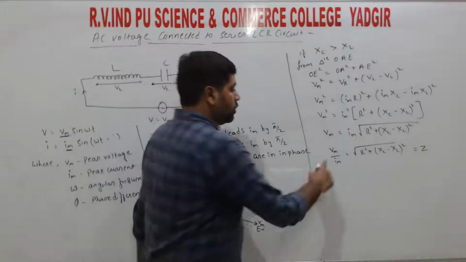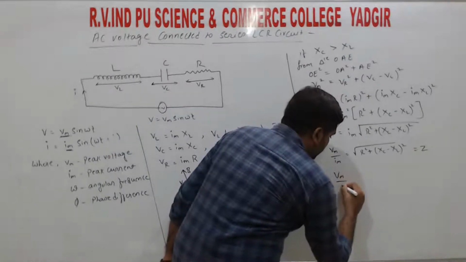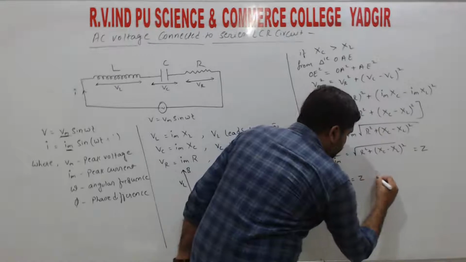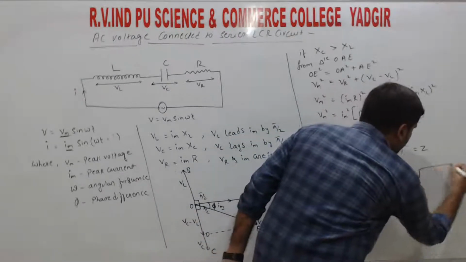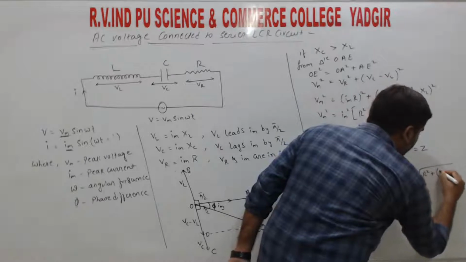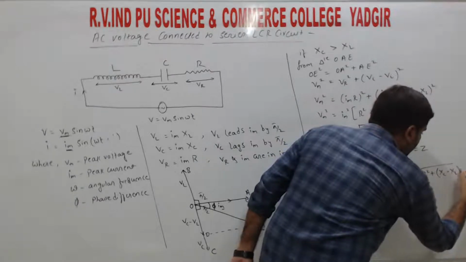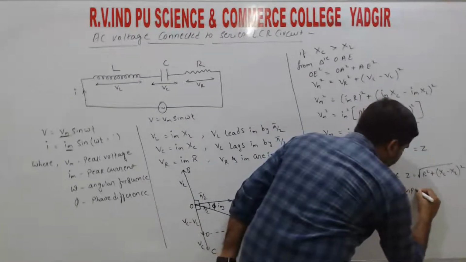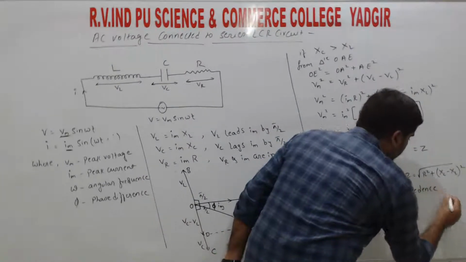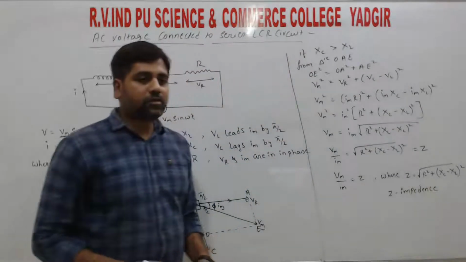So now we can write this as Vm by Im is equal to Z, where Z is equal to the square root of R square plus Xc minus XL whole square, where Z is called impedance, right?